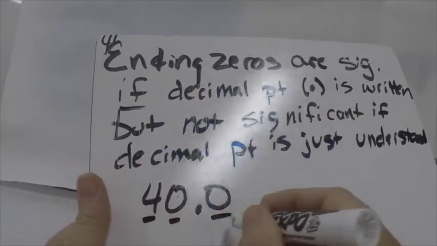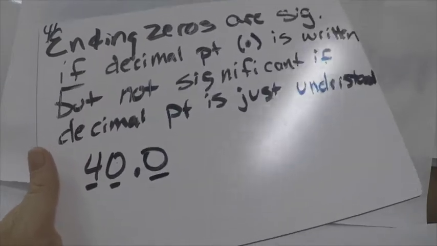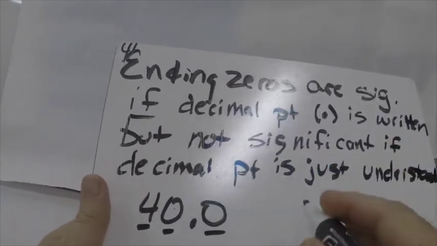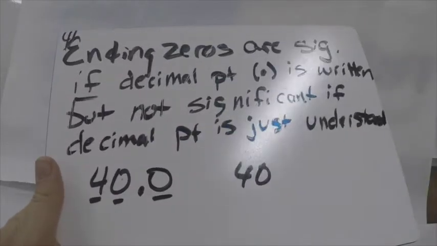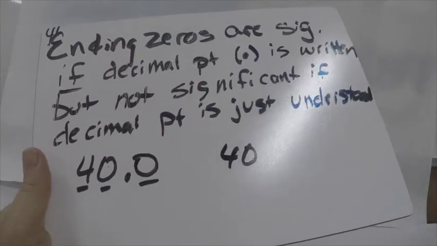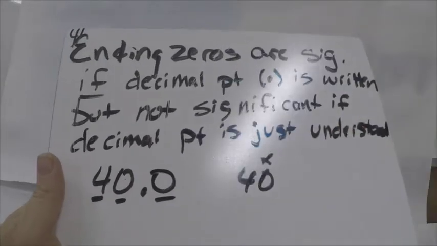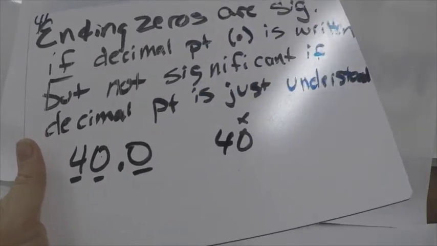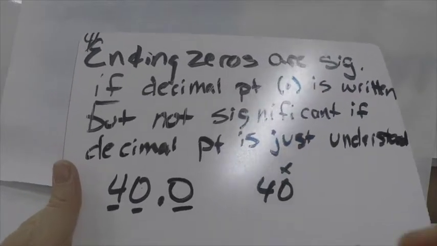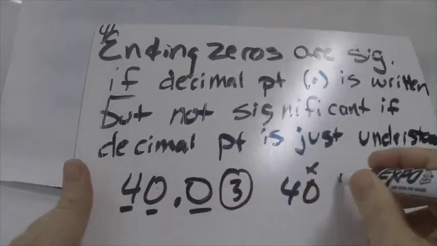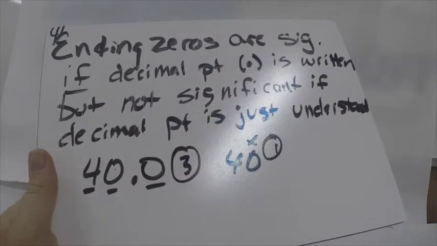Therefore, this one is significant because there's a decimal point. But if I write the number 40, no decimal point, this one is not significant. It's an ending zero, and there's no decimal point, so it's not significant. So this one has 3, this one has 1.